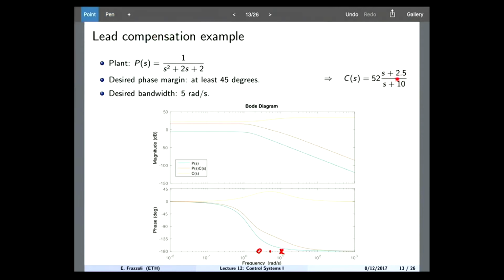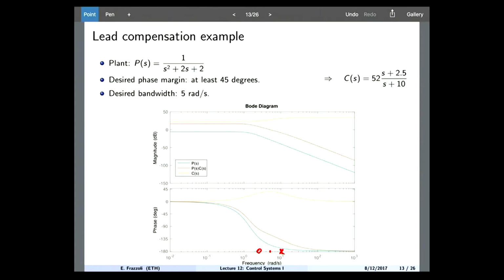So I put a zero at 2.5, the pole at 10, and then I adjusted the gain in such a way that the crossover was where I wanted it to be, okay? As you see, the yellow is the Bode plot of my compensator, and it provides a phase lead of about 30, 40 degrees exactly where I want it to be, okay? And the red line is the loop transfer function of the combined plant multiplied by the compensator, okay?